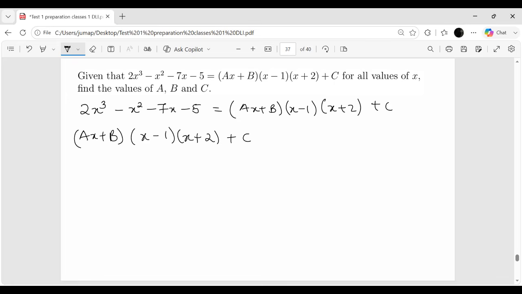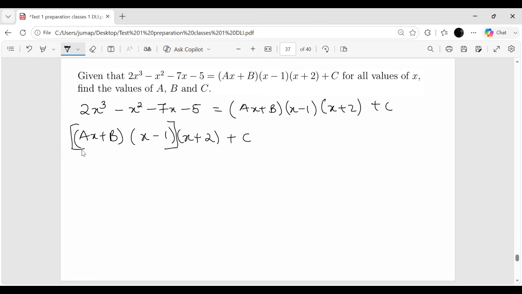So I can start with ax and this one, meaning that I'm going to have, I'll start with these two.